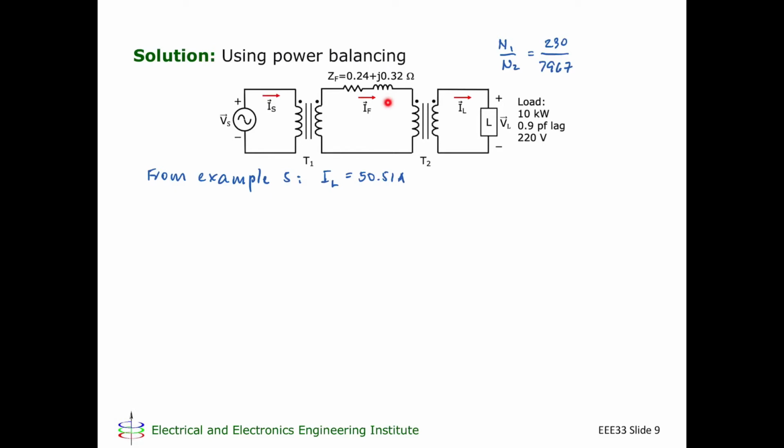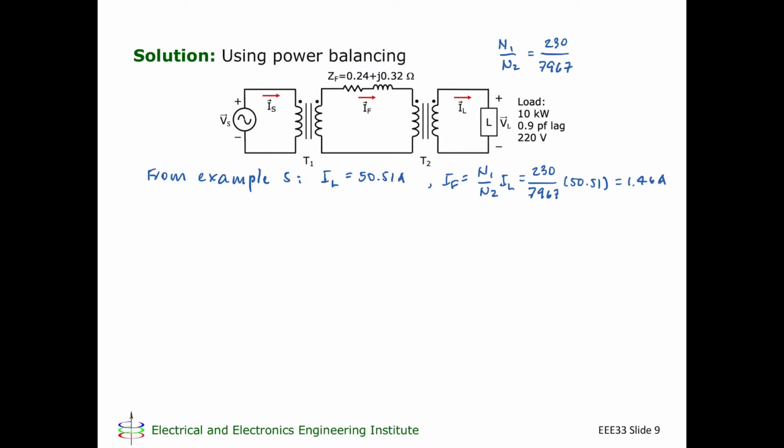We can compute the RMS value of I_F, the feeder current, by using the turns ratio. I_F is equal to N1 over N2 multiplied by I_L. So that will give us 230 over 7967 times 50.51, or 1.46 amperes.